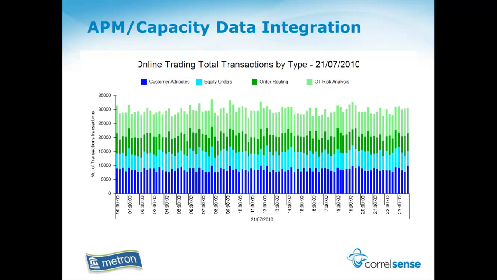That data then becomes incredibly valuable when you're looking at your transaction mix throughout the day. If you find that there are many more transactions of a particular type for particular hours during the day, then maybe we need to focus on that and make good capacity management decisions for those particular time periods.